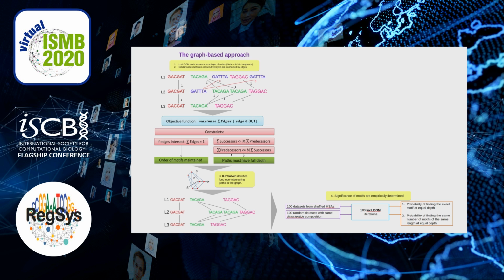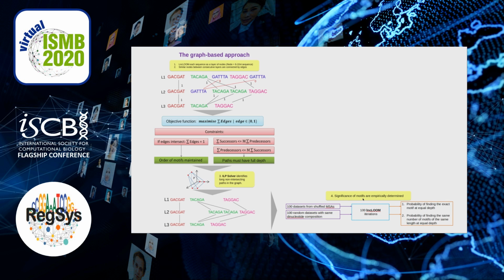So we set up our constraints such that any path that is selected must be fully connected, and we can then solve for our combination of short conserved motifs. This is an example of what we would expect to get from this input.